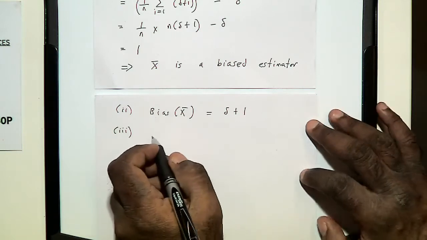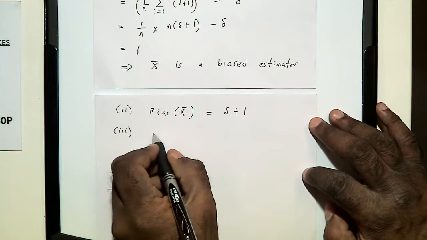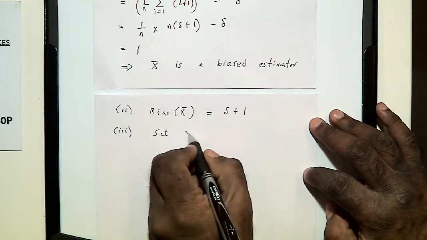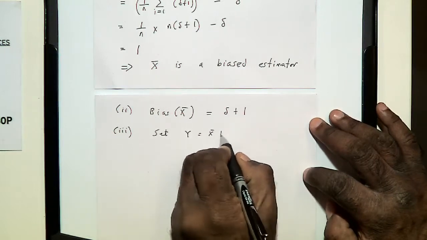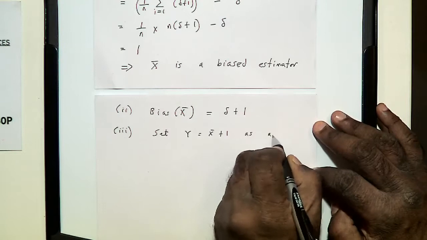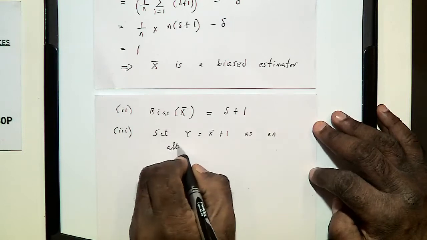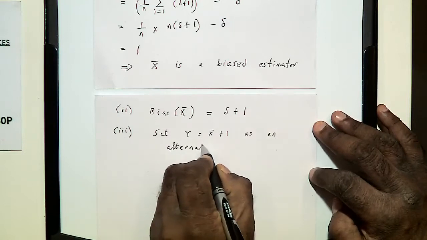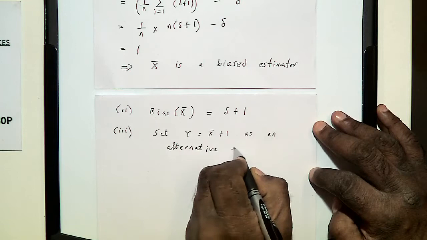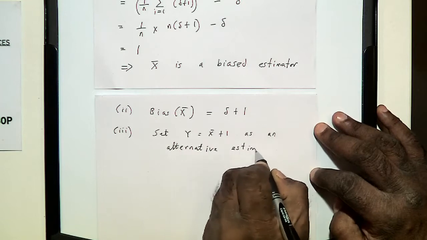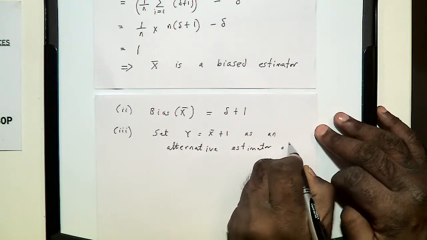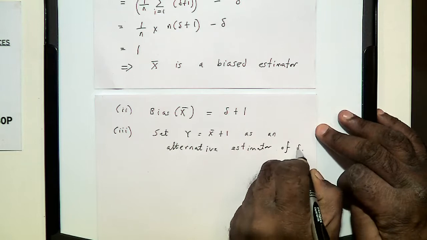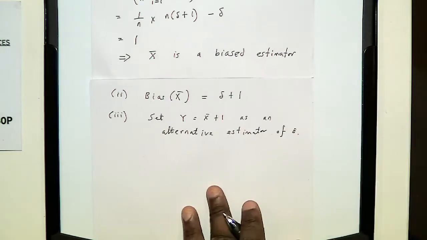Can you see? All right, set y equal to x bar plus 1 as an alternative estimator of delta.